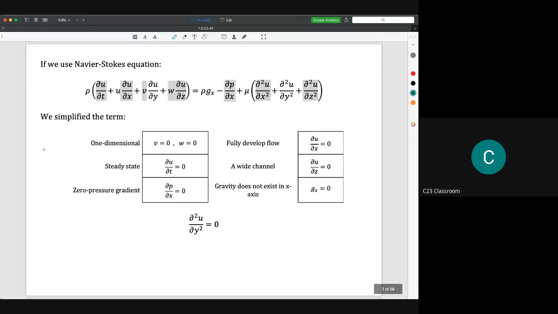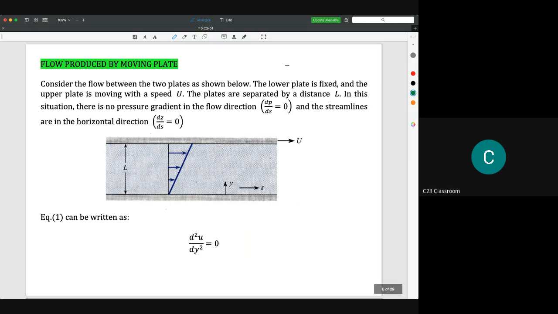Okay, so now I show you how to solve that problem by using the Navier-Stokes equation. You know that this is the x-axis, so we choose the Navier-Stokes equation for the x direction. The motion is linear, so we use Cartesian coordinates.